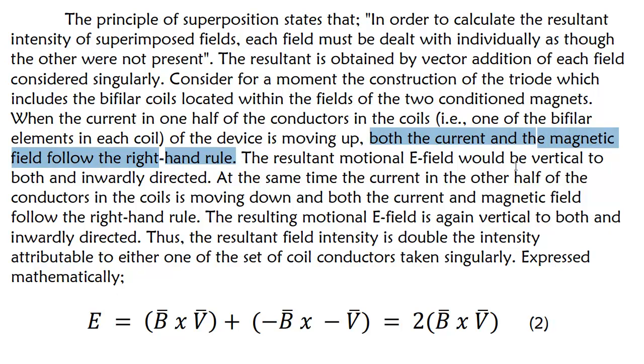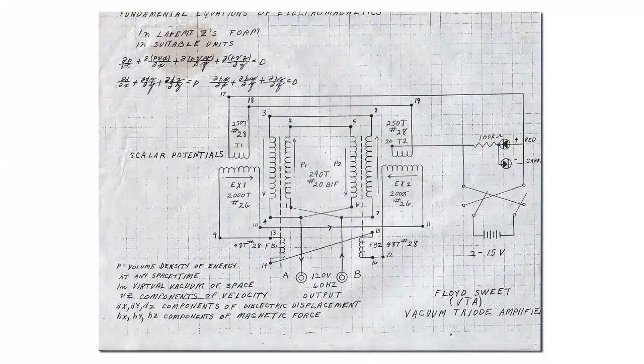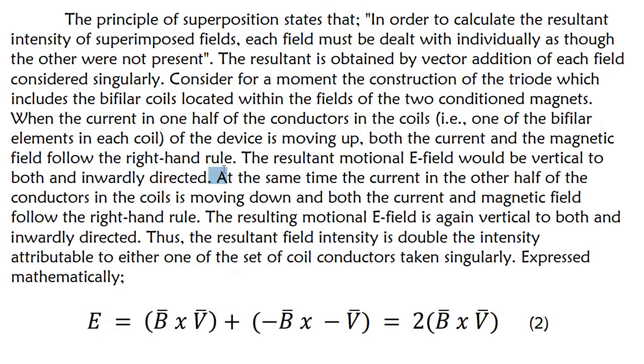The resultant motional E field would be vertical. What's vertical? We have our excitation coils vertical. Both inwardly directed. So the resultant motional E field would be vertical to both and inwardly directed.